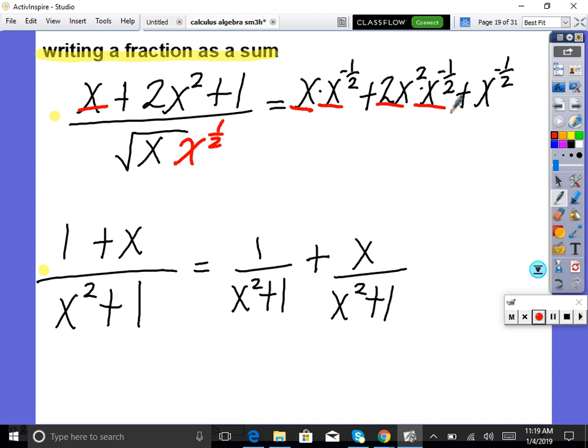Then they have a 2x squared times x to the negative 1/2 for the bottom thing. And then 1 times x to the negative 1/2. They're equivalent mathematically. Agreed? All right, right here, would it be appropriate to split up the denominator? Nope. But can I split up a numerator? Yes. So that's good.